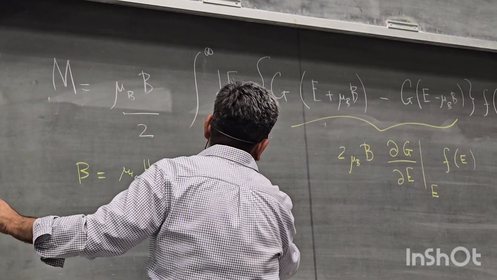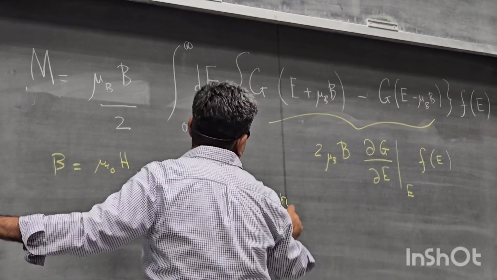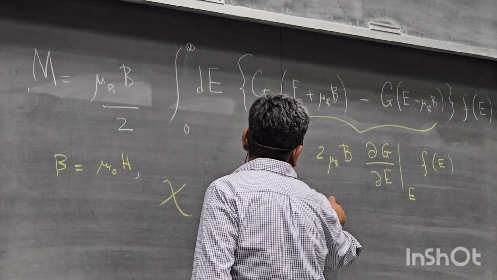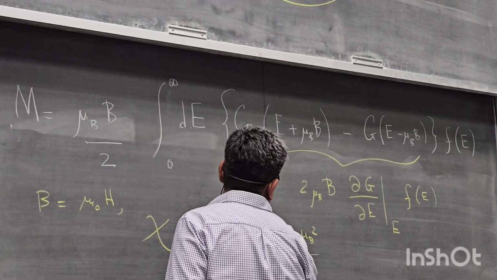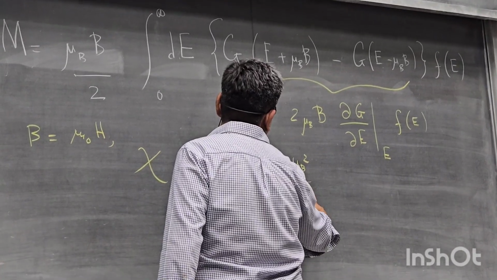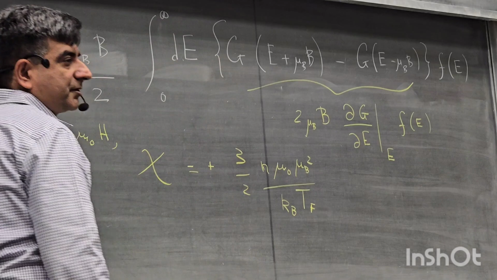which is plus 3 over 2 n, number density, mu naught mu B square over kB TF. TF is the Fermi temperature.